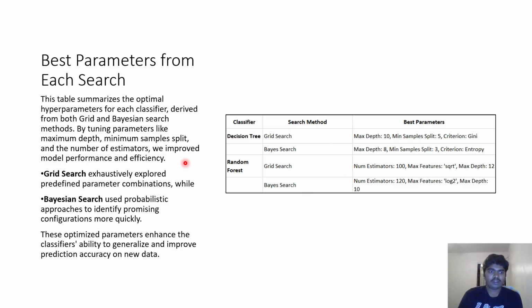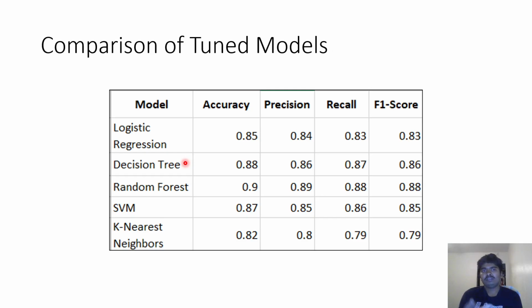Grid search extensively explored predefined parameter combinations, while Bayesian search uses probabilistic approaches to identify promising configurations more quickly, since it needs some existing data to create other hyperparameters.